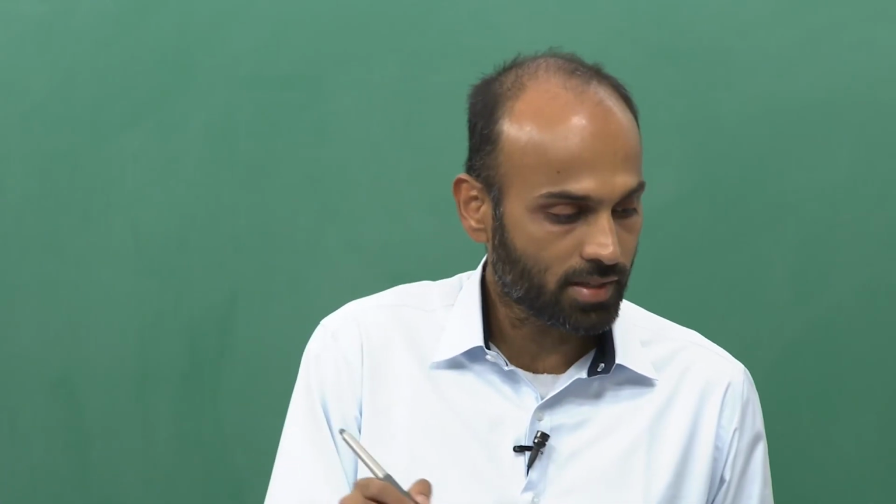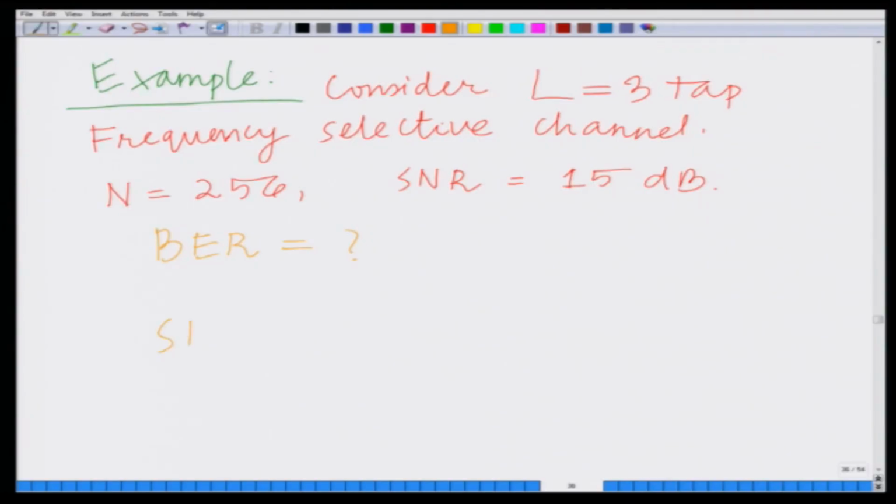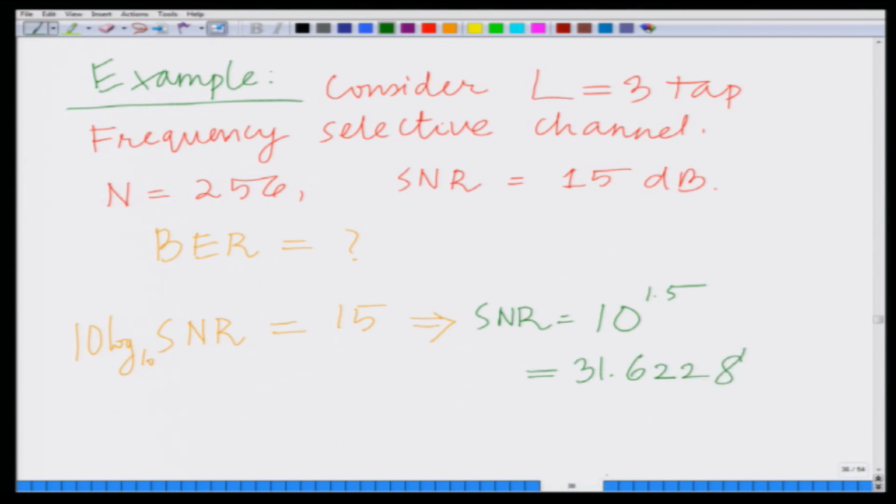First, let us look at the SNR. The SNR in dB, or 10 log 10 SNR, is equal to 15, which implies my SNR is equal to 10 to the power 1.5, which is equal to 31.6228.